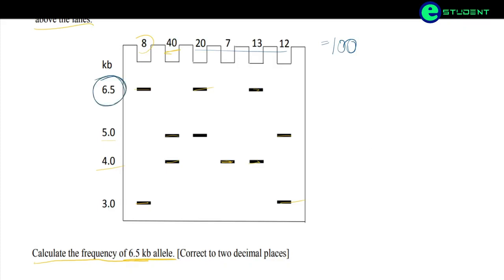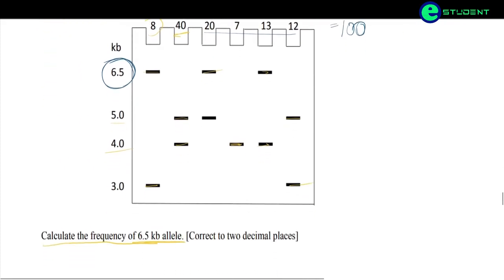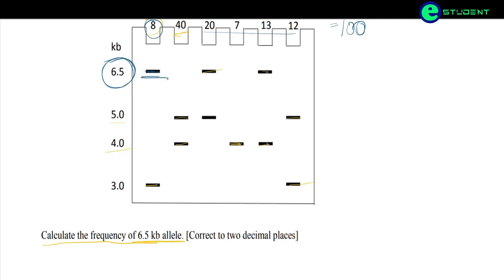What is the frequency of the 6.5 kb allele? It is very simple. Here 8 people are showing the 6.5 kb allele. Here 20 people are showing 6.5 and here 13 are showing the 6.5 allele.